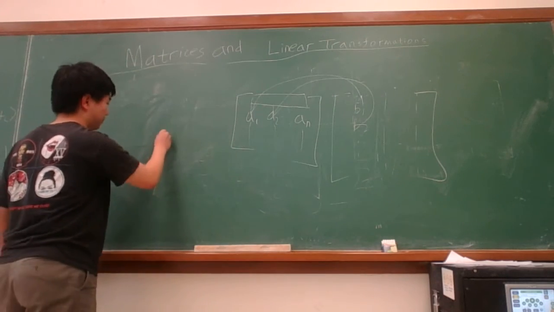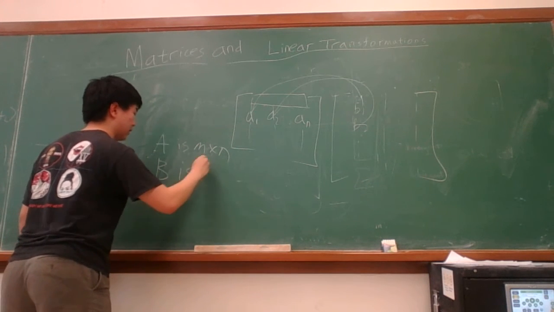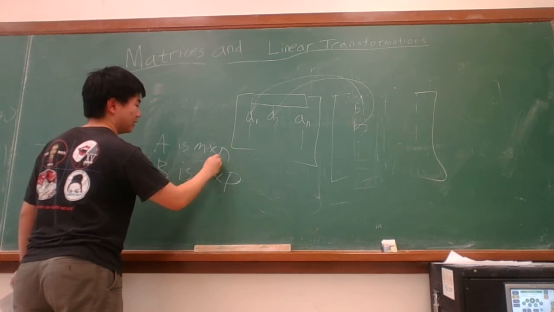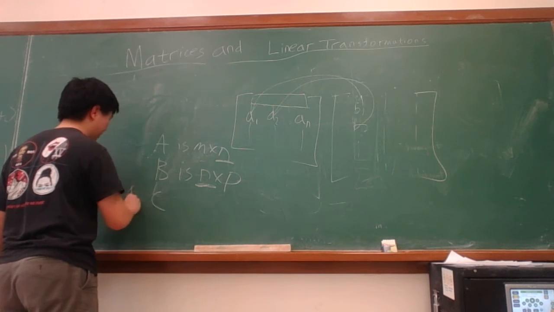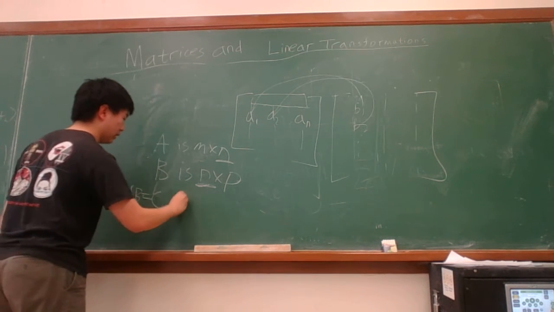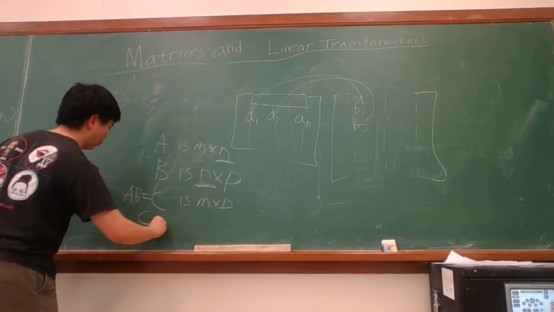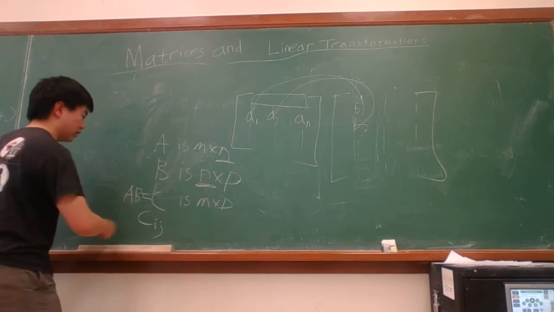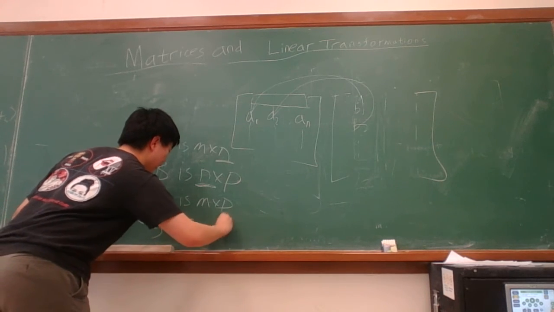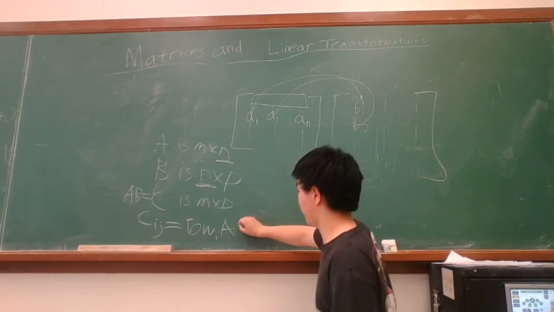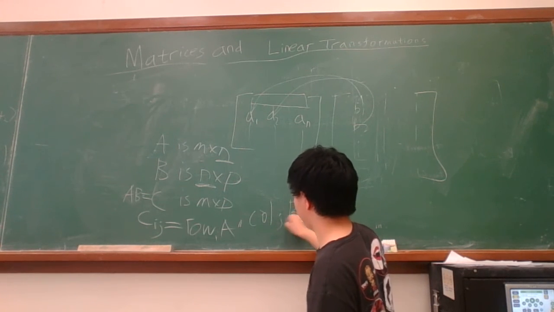So if A is m by n, and B is n by p, notice that these two must be the same in order to multiply. Then C equals AB, C is m by p, and C's element in row i, column j, is equal to the dot product of row i of A and column j of B, right?